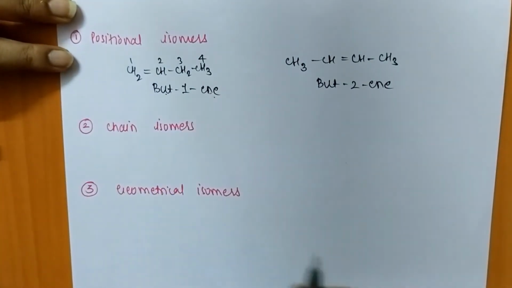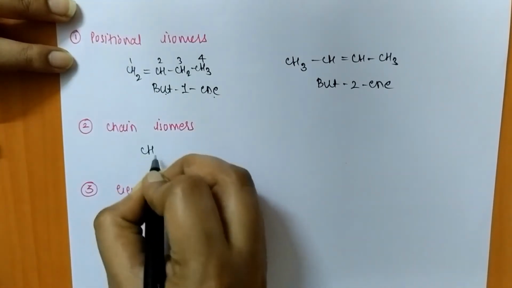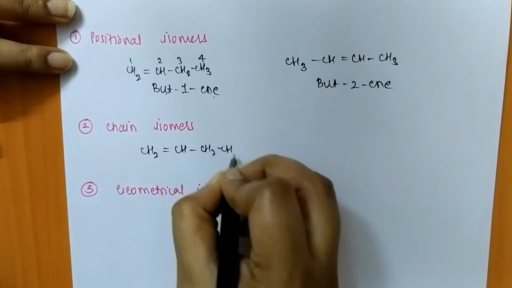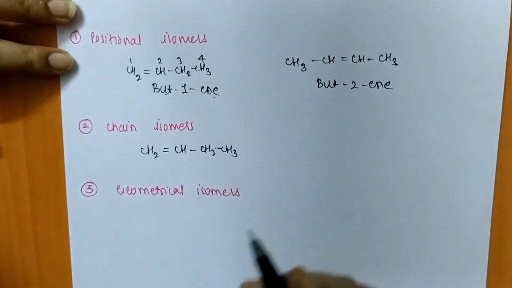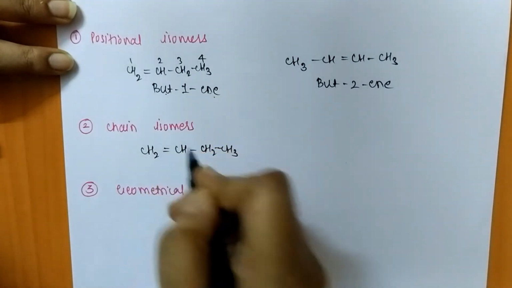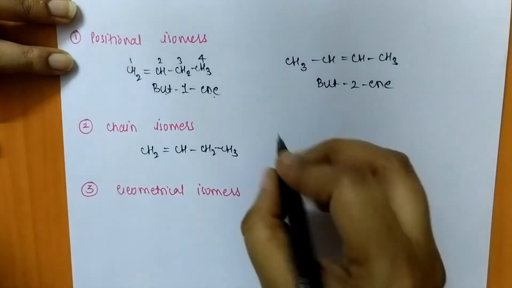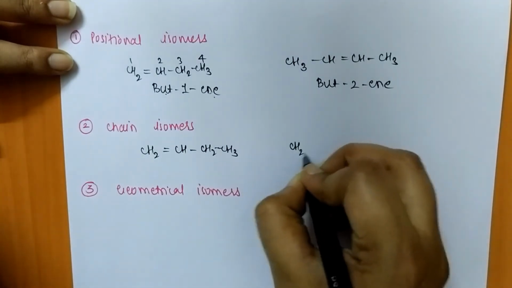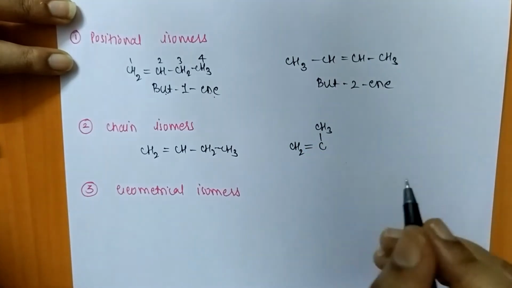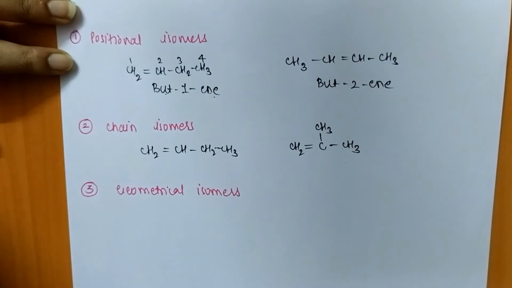Now if we are talking about the chain isomers, let us consider but-1-ene only. Now when I take the CH3 on this side, and this of course will become CH3, I actually get a branched chain with the same number of carbon atoms.